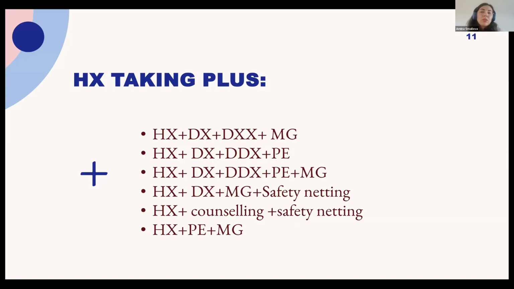Before, it was just pure history taking, physical examination, and counseling. So, integrated stations are one of the most challenging stations because within 10 minutes, you have to do all these things. If you were not able to do one of these tasks, for example, you didn't provide a diagnosis, or you couldn't finish your physical examination, you will lose your scores.